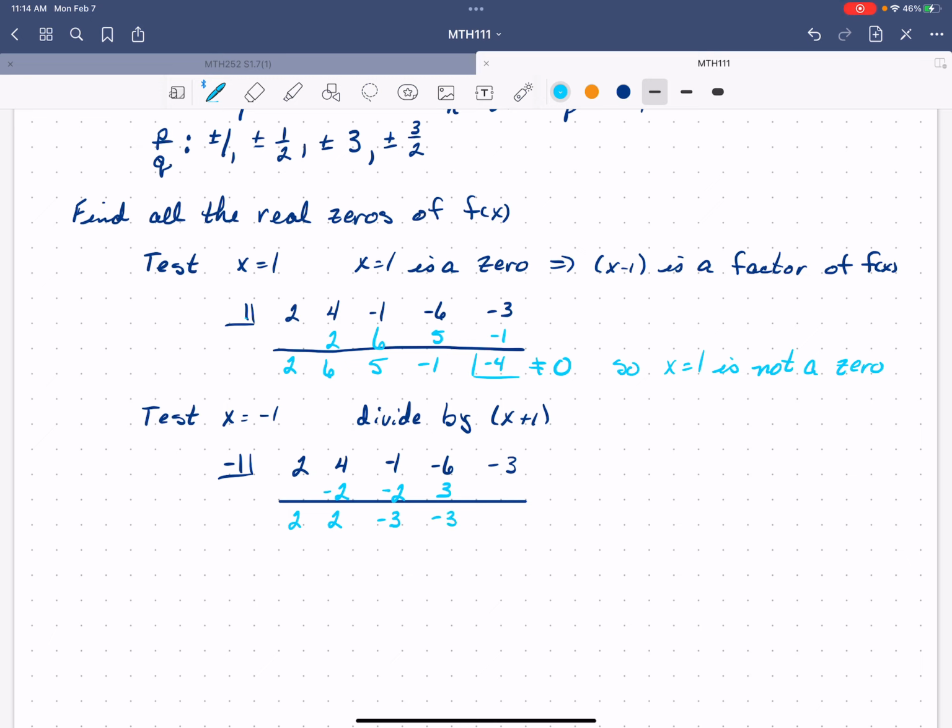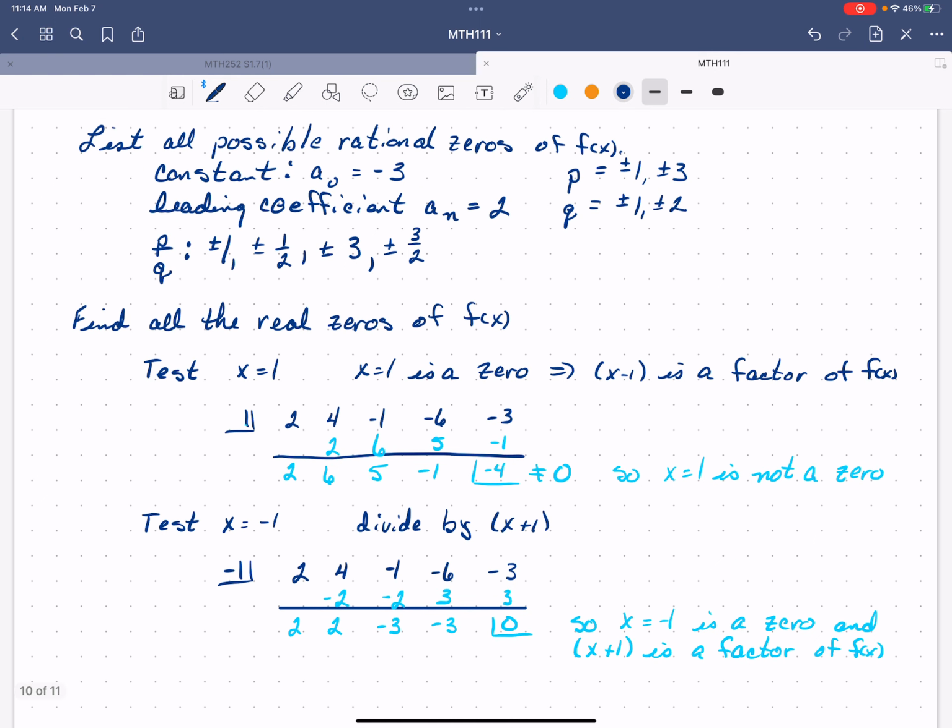Negative 1 times negative 3 is 3. And here I have a 0. Oh, so negative 1 is a 0, and x plus 1 is a factor of my function.